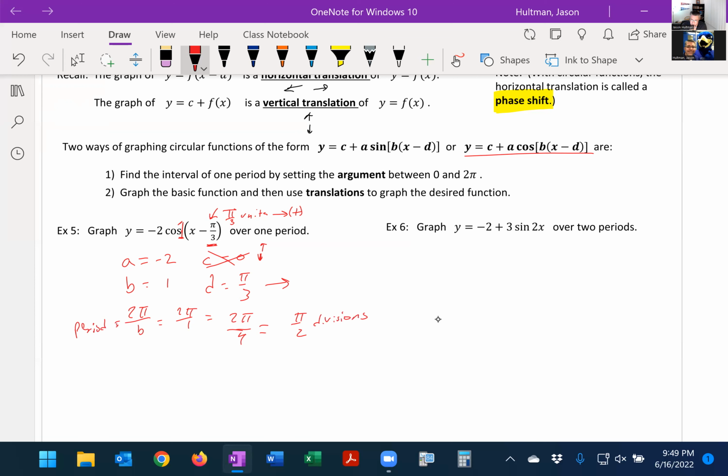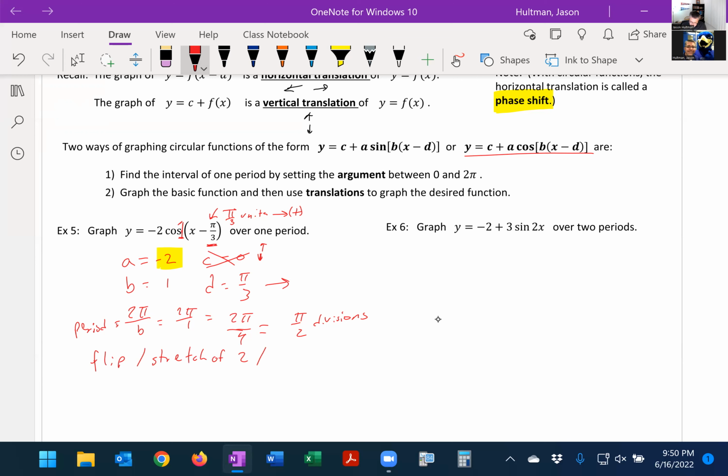But the big thing here is that there is a vertical stretch of -2. That's going to stretch and flip. So we're getting a flip and a stretch of multiple 2.